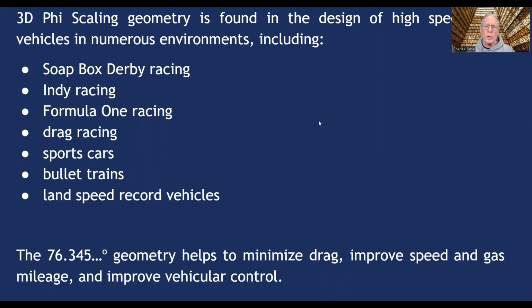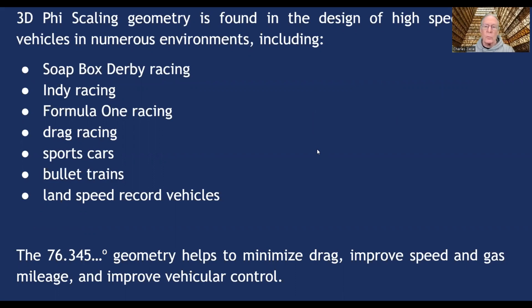3D Phi scaling geometry can be found in the design of high-speed land vehicles in a number of environments, including soapbox derby racing, Indy racing, Formula One racing, drag racing, sports car design, bullet trains, and land speed record vehicles.